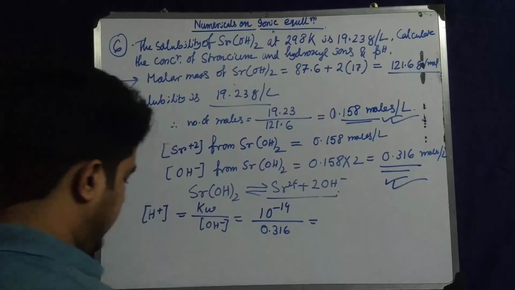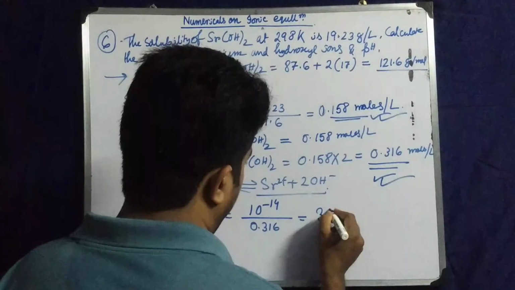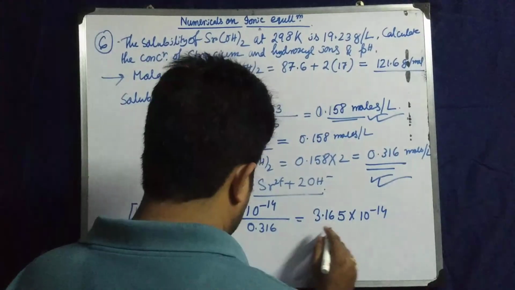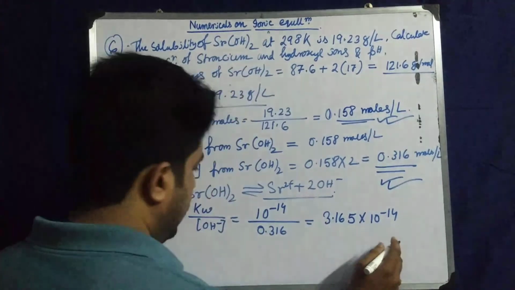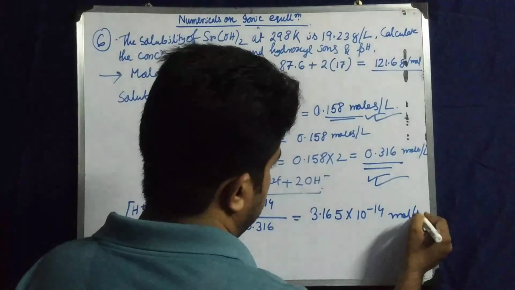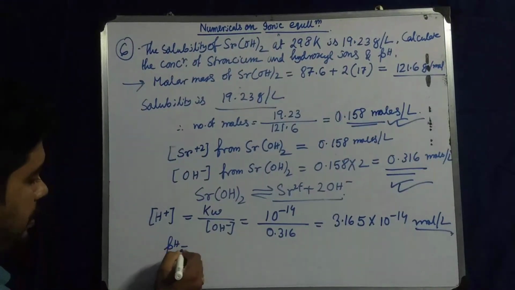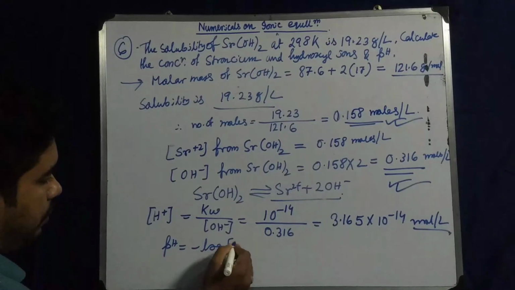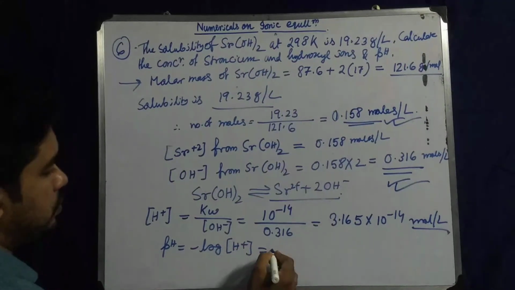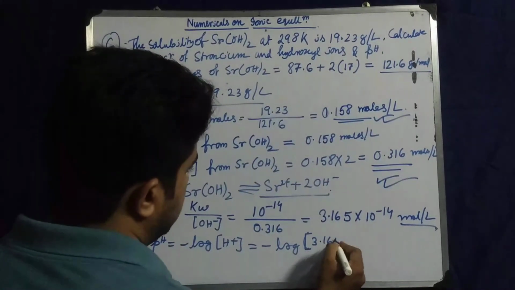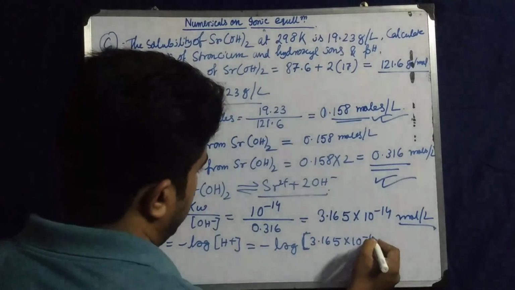Okay, the big answer is coming. Just write it that 3.165 into 10 to the minus 14. Just keep it in that way. Okay, that moles per liter. Done. So now calculate it. pH will be minus of log of concentration of H plus ions, equals minus of log of 3.165 into 10 to the power minus 14.